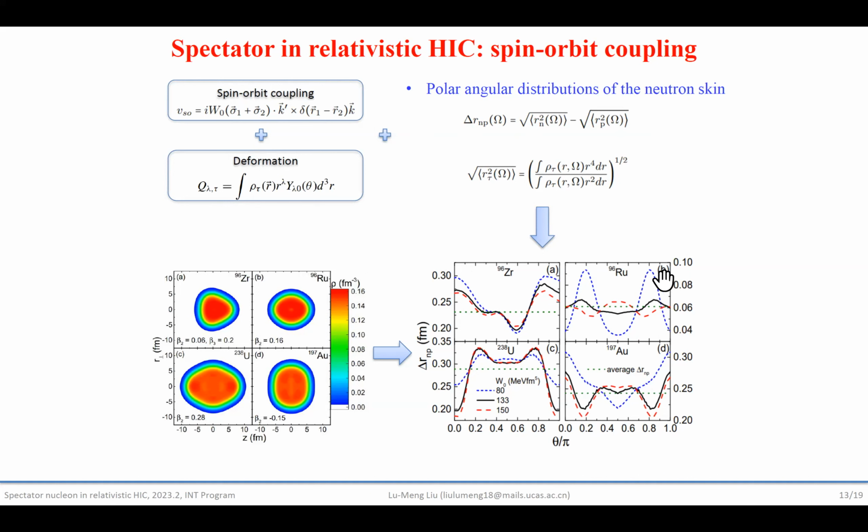The blue line represents a weak spin-orbit coupling strength, W0 equal to 80, and the red one represents a strong spin-orbit coupling strength, W0 equal to 150. And the effect of the spin-orbit coupling is most pronounced in ruthenium and gold nuclei.